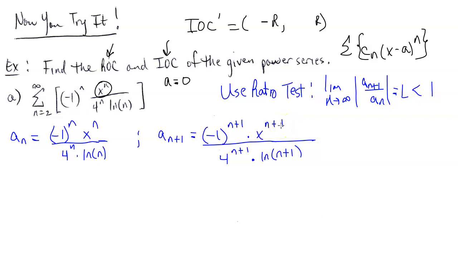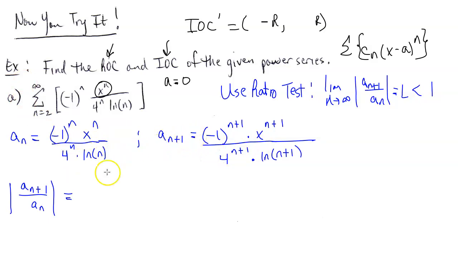From here, we need to take the absolute value of a sub n plus 1 divided by a sub n. To make life simple, our alternating factors, the negative 1 raised to the n plus 1 and the negative 1 raised to the n, are going to be stripped out, and everything else is pretty much going to stay the same.